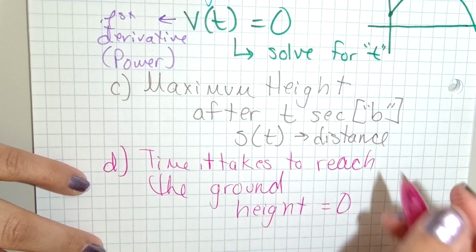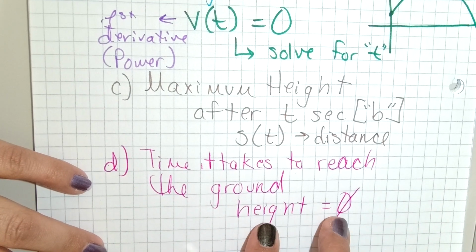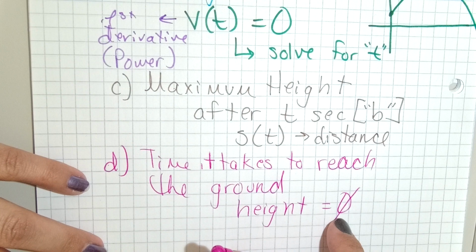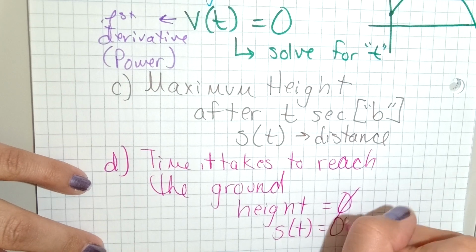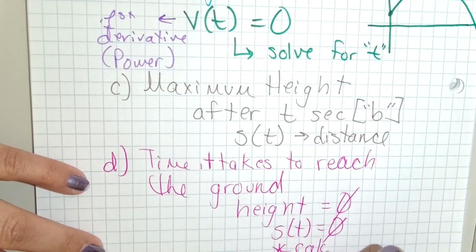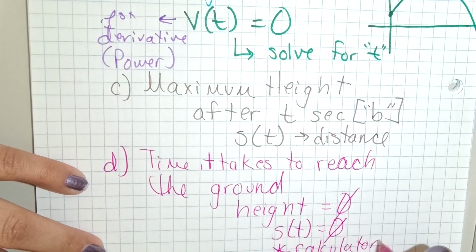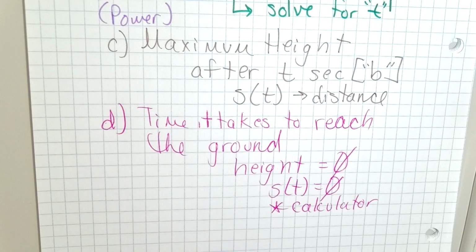So we're going to need to solve for something or set this equal to something. Which equation are we going to set equal to 0? S of t. S of t will also be set equal to 0. This right here is when we're going to need to use the calculator, okay? This is why you need to make sure you have the calculator. When you're done writing that down, take out the example sheet that Ashley passed out.